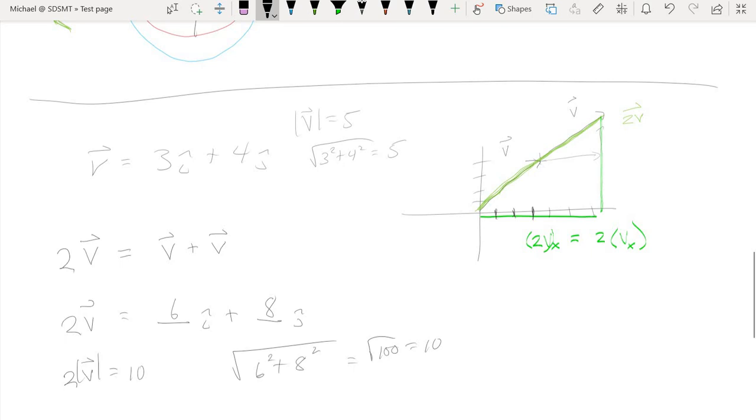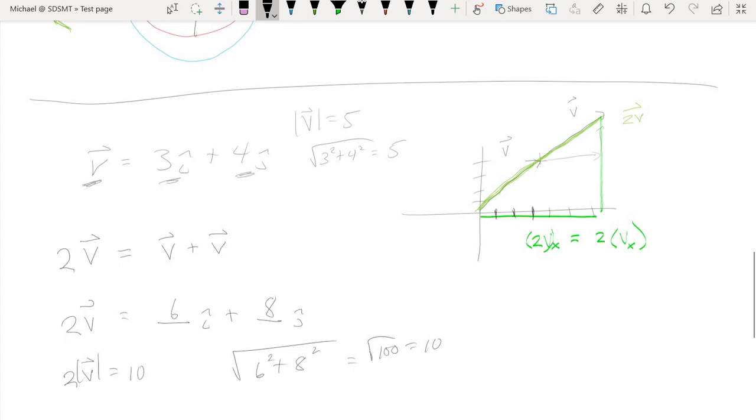This scalar multiplication, not only does it work on the magnitude of the vector, but it carries through directly to every component of that vector.